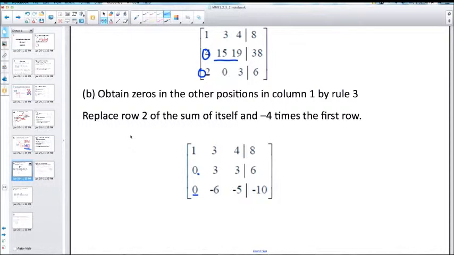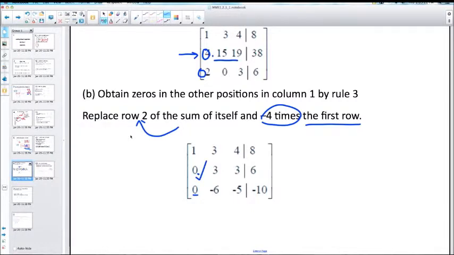So if you follow this operation, let's just do it. To get 0 in the second row and the first column, I multiply the first row by -4, add to the second row. So 1 times -4 is -4 plus 4 is 0.